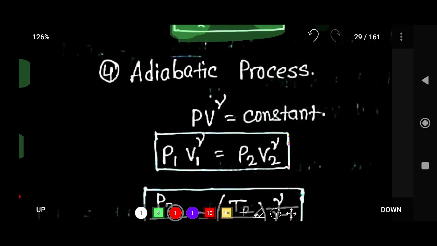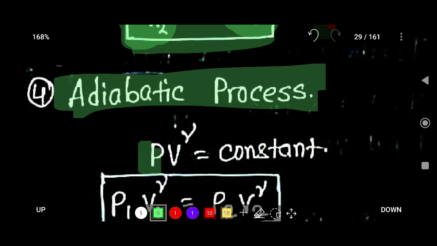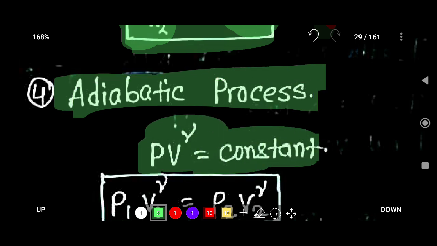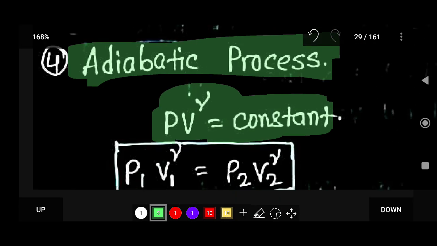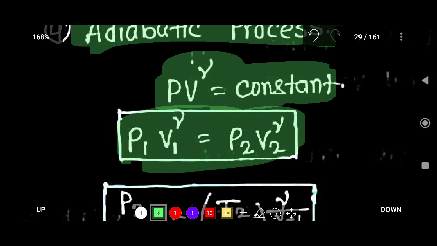Now the adiabatic process means PV to the power gamma is equal to constant. From here you get the relation P1 V1 to the power gamma equal to P2 V2 to the power gamma. Very important.